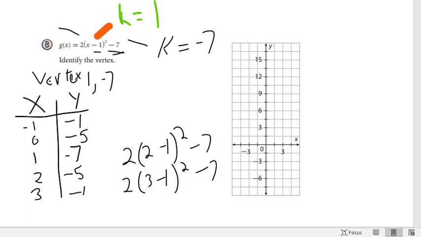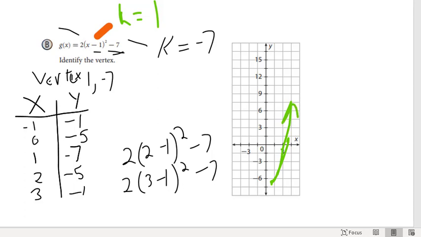All right, so we go to 1 and negative 7, so it should be about there. That's my vertex. 2 goes to negative 5, so 1.5, 2, negative 5. Should be a little past that. 3 is negative 1. So 3 and negative 1.